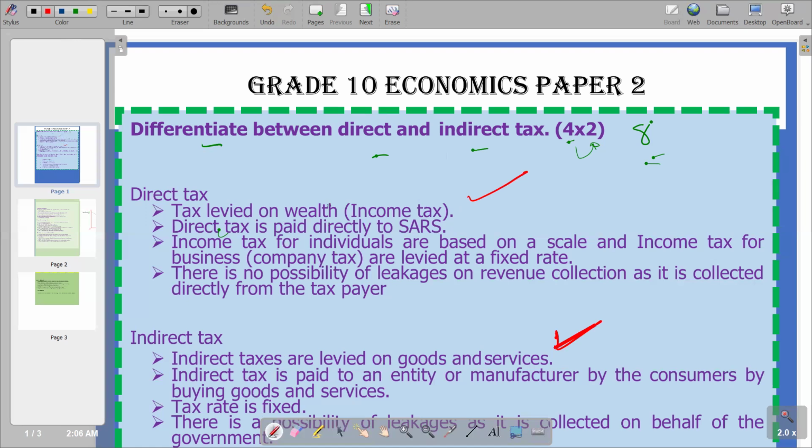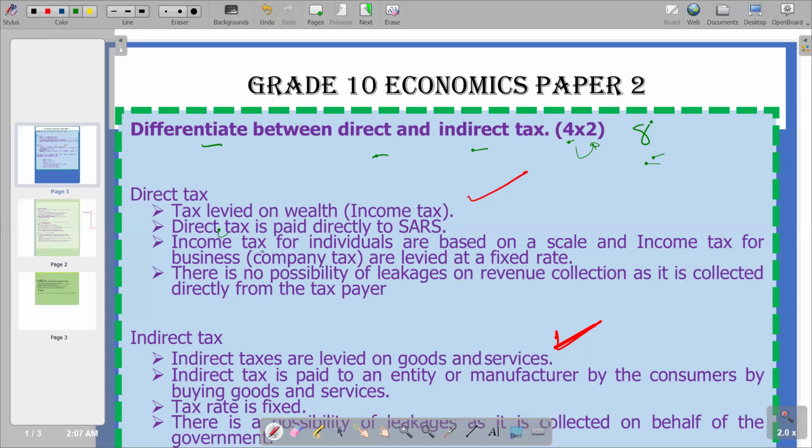The second difference is that direct tax is paid directly to SARS. Remember, when it's income tax, for example, for individuals, they are charged pay as you earn, which is charged directly on the income they are earning, our salaries and wages, and it's collected directly by SARS.